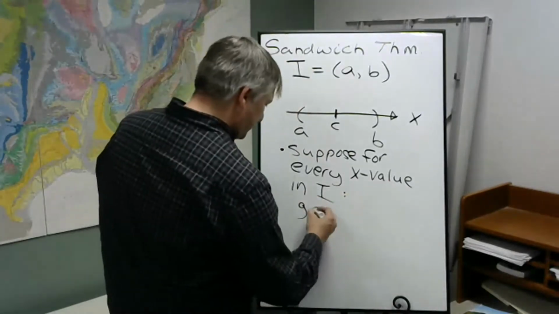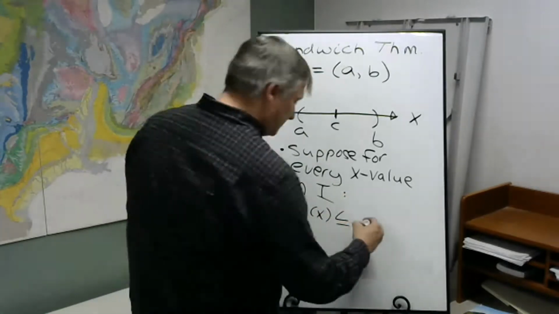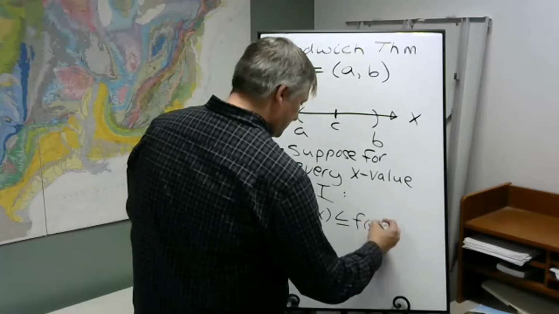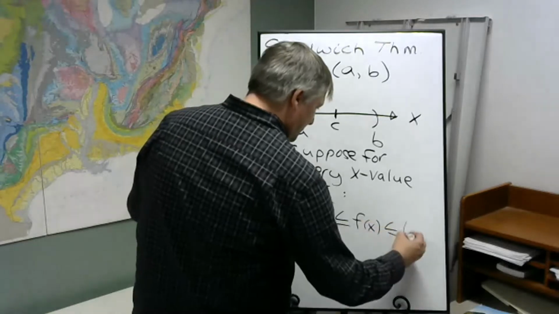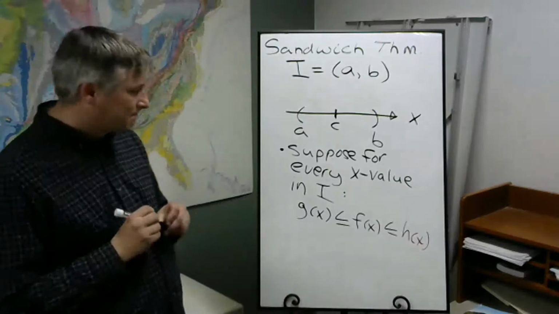There's a function g of x that's less than or equal to a function f of x, which is less than or equal to a function h of x.